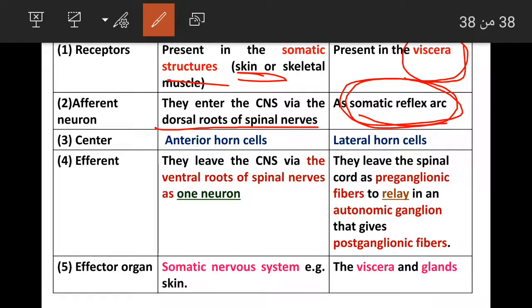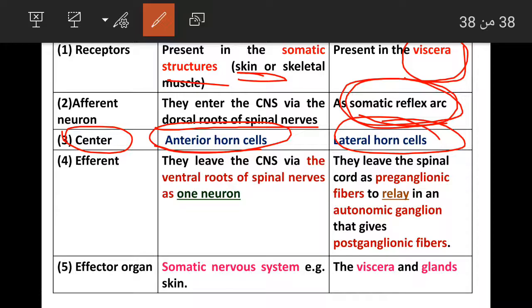It is important to know that the center of the somatic reflex arc is the anterior horn cell, while the lateral horn cell is the center for the autonomic reflex arc.